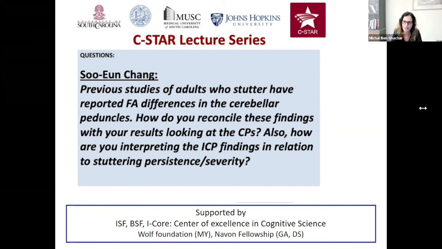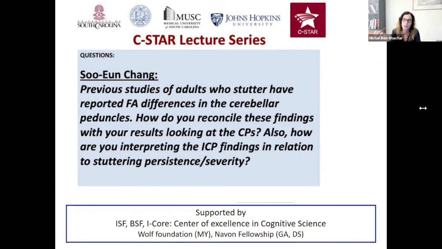Okay, so yes, when we started looking at the cerebellum, we were already aware of the findings from Connolly and Watkins, showing significant differences in the cerebellar peduncles between adults who stutter and controls. And we could not replicate it. We tried over and over.